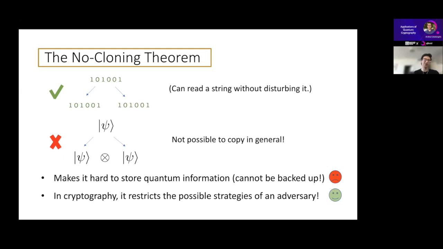And so the goal for the next few slides is to show you how we can leverage this no cloning principle in some actual protocols. And so before I do this, I do want to summarize some of the properties of qubits or quantum states that are relevant.